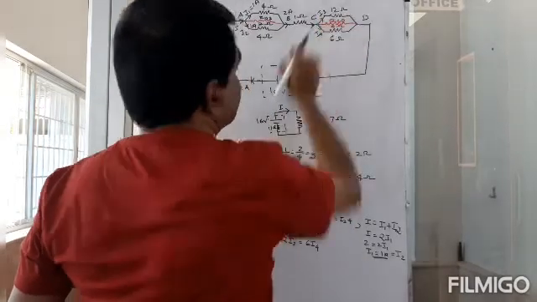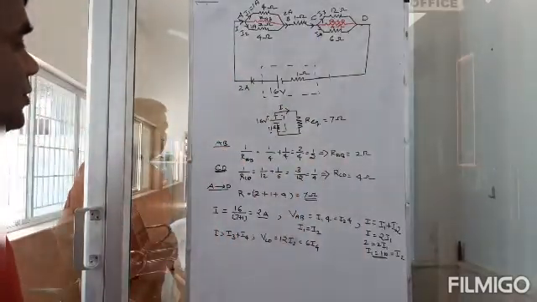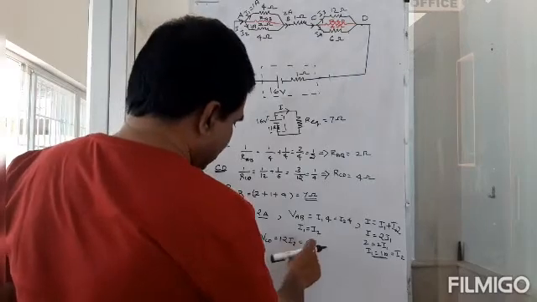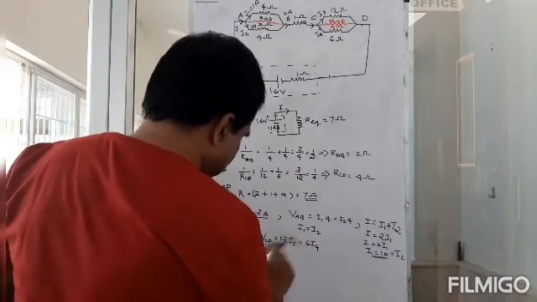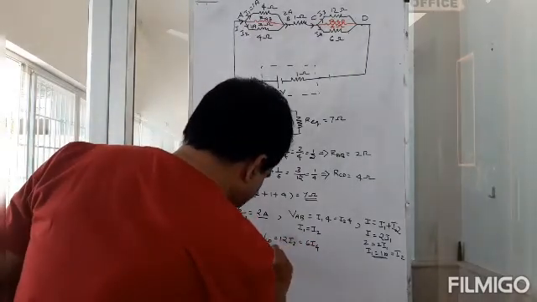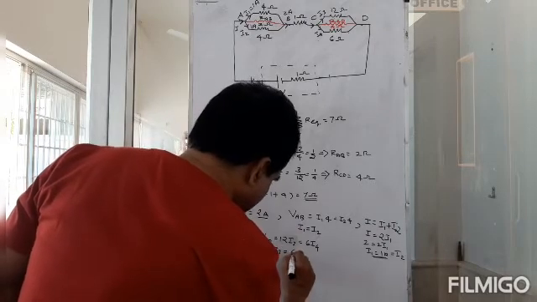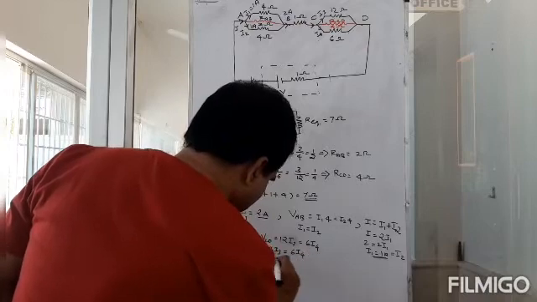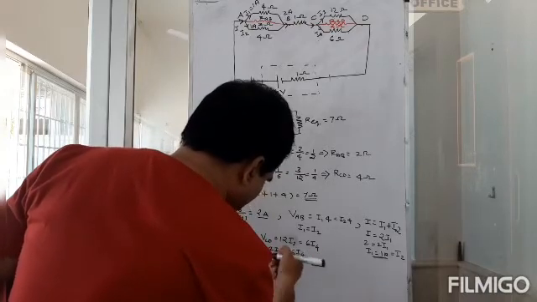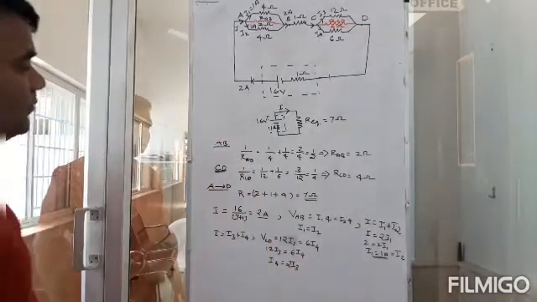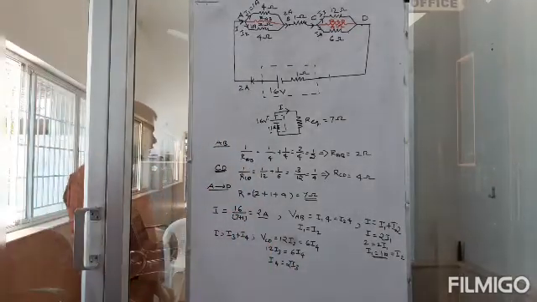Same potential difference. Okay. So what happens now? This gives you 12 I3 is equal to 6 I4. So that gives you I4 is actually 12 by 6, which is 2 I3. So I4 is 2 I3.